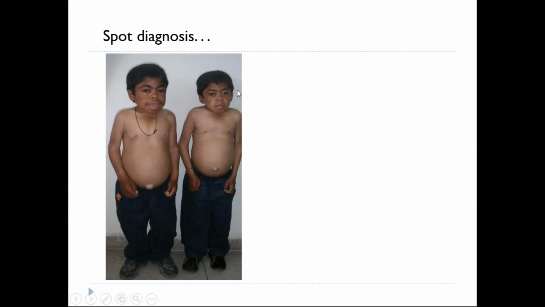So we'll go to your questions and this spot diagnosis. I'll just go through your questions and you can tell me what this thing is. So anybody, what is this? Can anybody answer? What is this child?